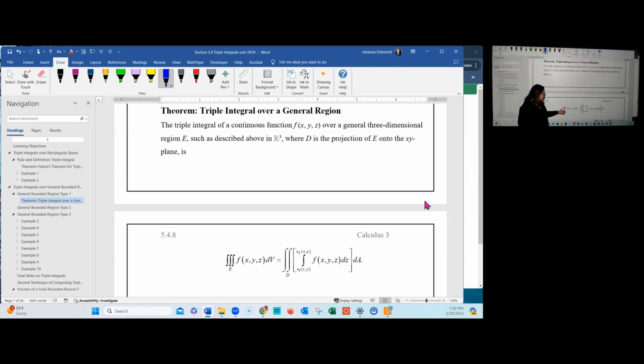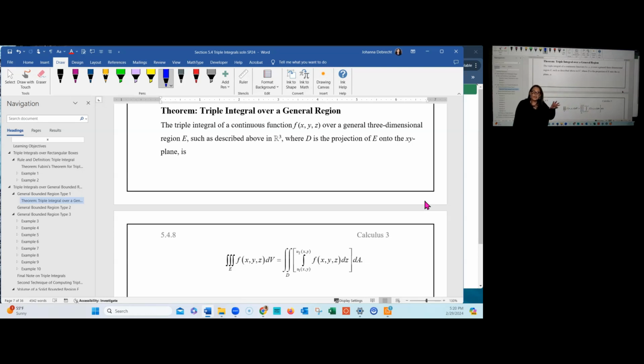Then the triple integral over E of the function f with respect to dV becomes a double integral over the projection into the xy plane D with a single integral on the inside.